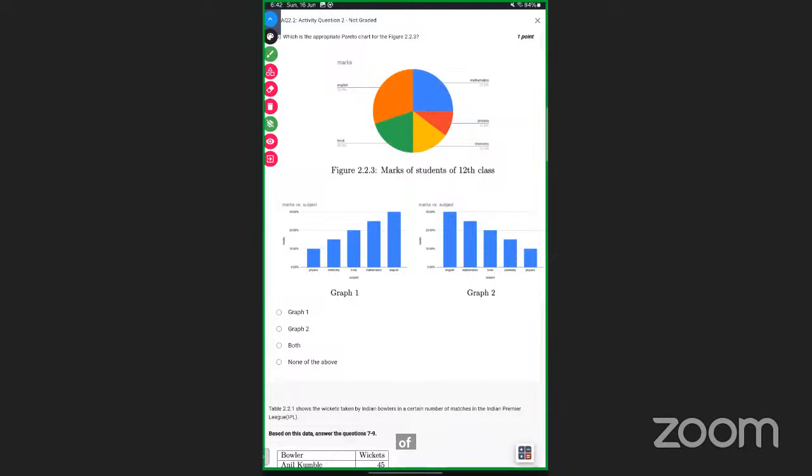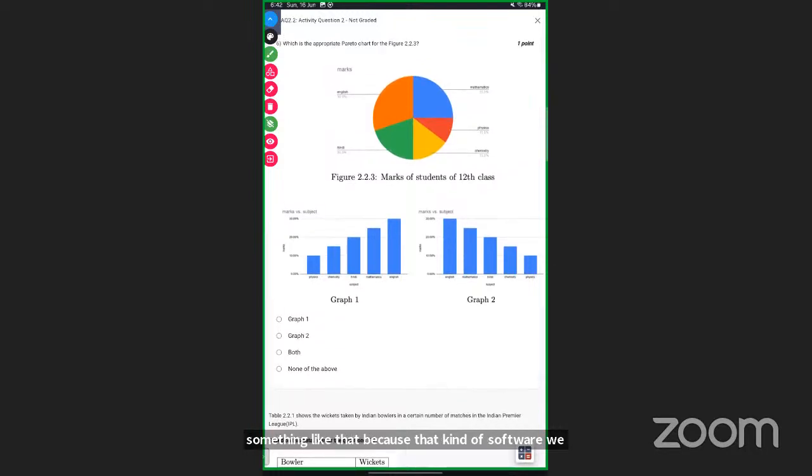There won't be any question in which you have to exclusively draw it, because we don't have that kind of software. But say on the right hand side, it's the percentage marks on the y axis and x is subject.